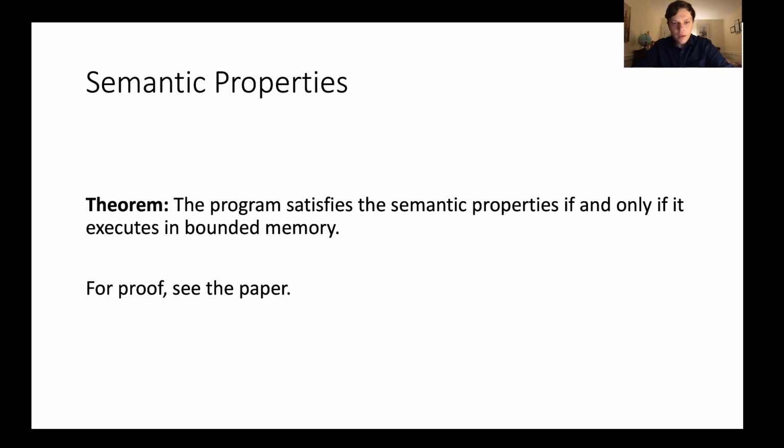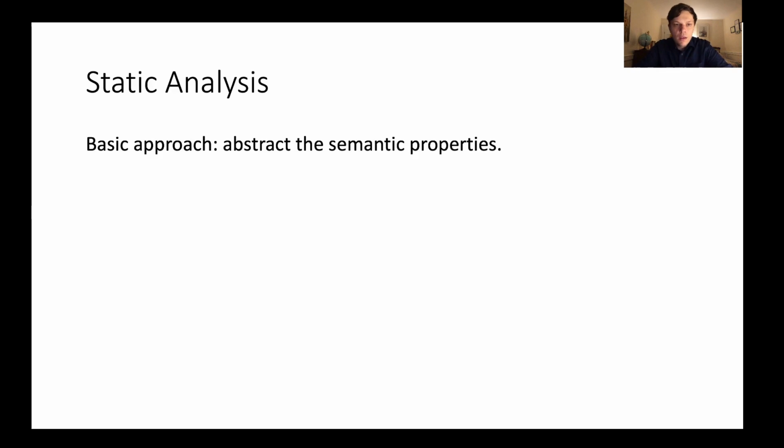Okay. So in the paper, we have some more extended formal development, and we also have a proof of this theorem, which says that a program satisfies both semantic properties if and only if it executes in bounded memory. We have also leveraged these semantic properties to build an analysis, and we've done this by coming up with abstractions of both the program state and the delayed sampling graph that are sufficient to show that a program satisfies these semantic properties.